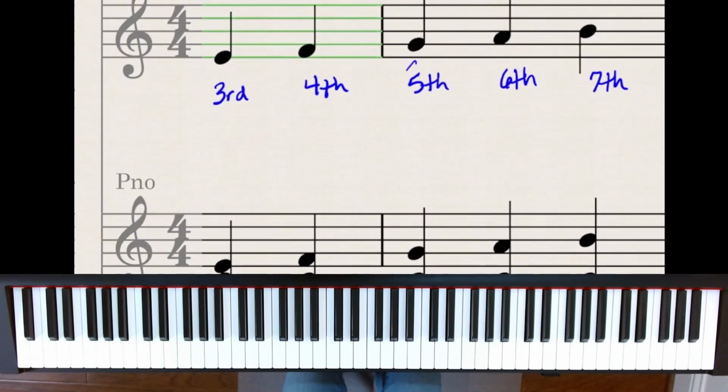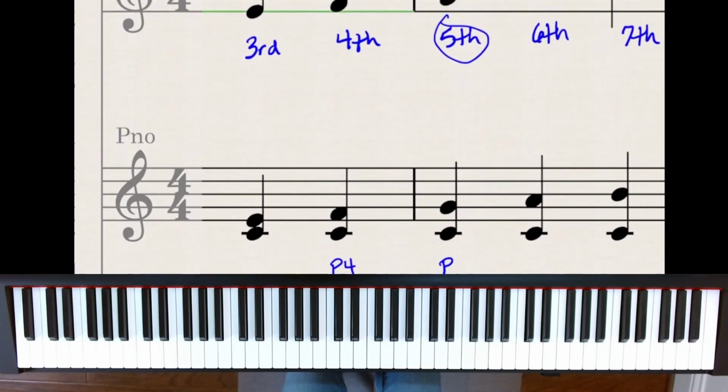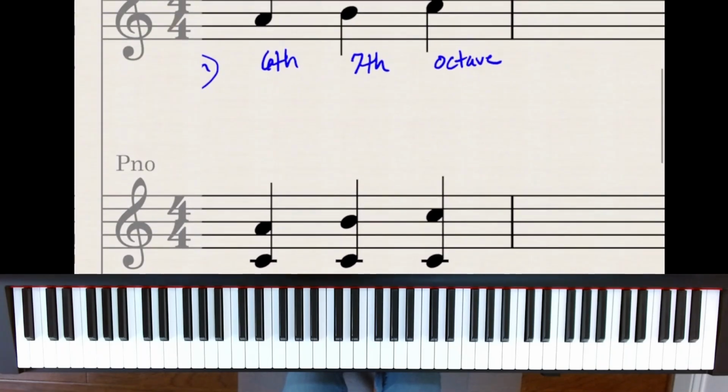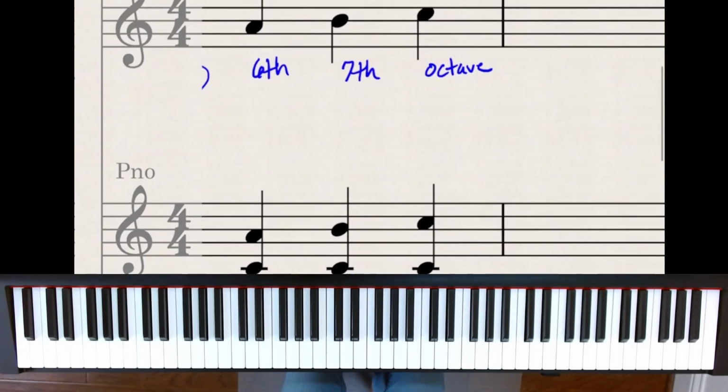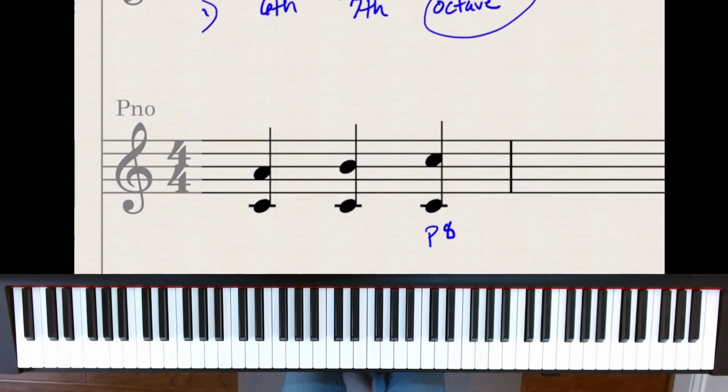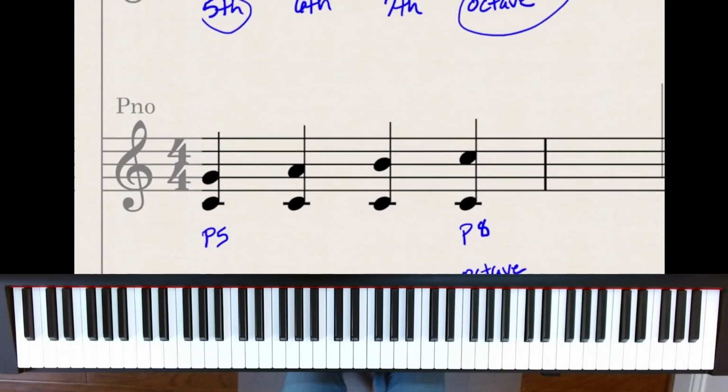Well, we said up here that it's a fifth distance away, so it's going to be a perfect fifth. And then the last one we said was an octave, and we said that there was a gap of 8 in between. So 1, 2, 3, 4, 5, 6, 7, 8. You could say perfect octave P8, or like we did at the top, just label it octave.